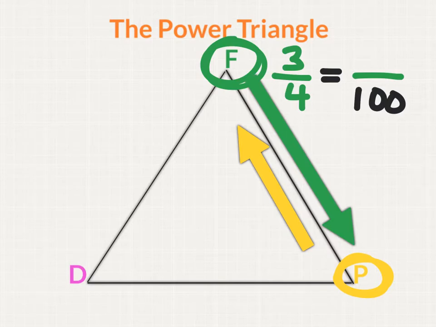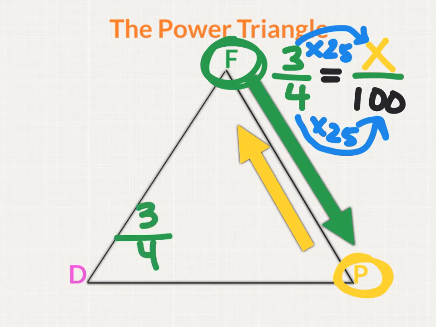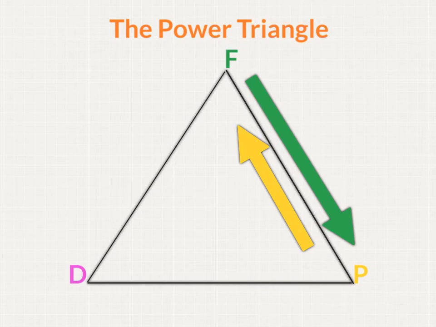I now need to find the percent, which is the unknown value, the number of 100. I move from old denominator to new denominator by using a scale factor, in this case 25. And I do the same thing to my numerator and find that the fraction 3/4 is equivalent or the same value as 75%.